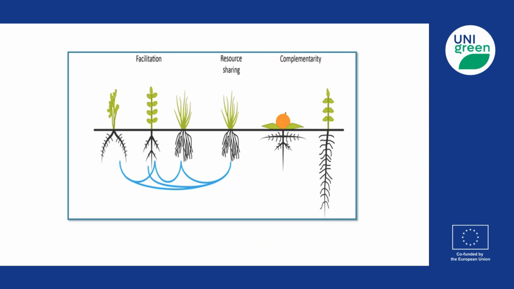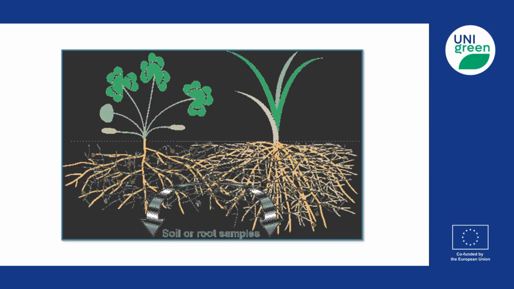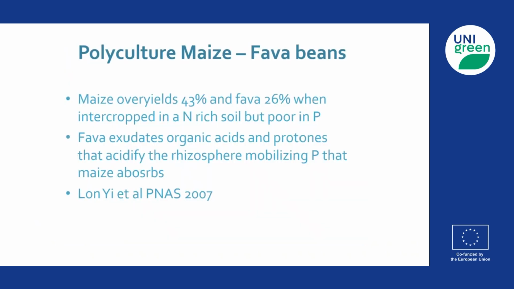So we need to think, okay, what plant are we going to use to have complementarity or to facilitate fixing nitrogen through legumes. This is an example of fava bean with corn. We always think that it is just nitrogen, legumes fixing nitrogen. But this research demonstrates that when we intercrop maize and fava bean, maize over-yields by 43% and fava by 26%, because the nitrogen is richer, but also because of phosphorus.